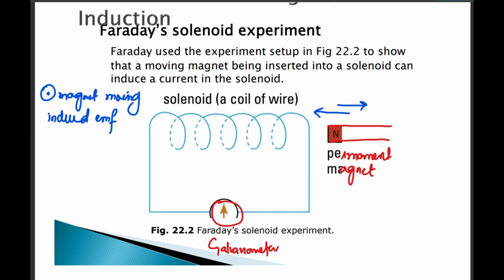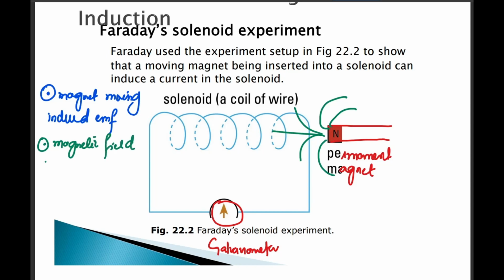Now, let's get more technical about this. Since the magnetic field exists like this around the magnet, right, as long as this magnetic field is cutting the coil, the words that you have to write down in the question or in the answer is that the magnetic field is cutting the coil. And of course, if this is just a single wire, then we would have to write down conductor.